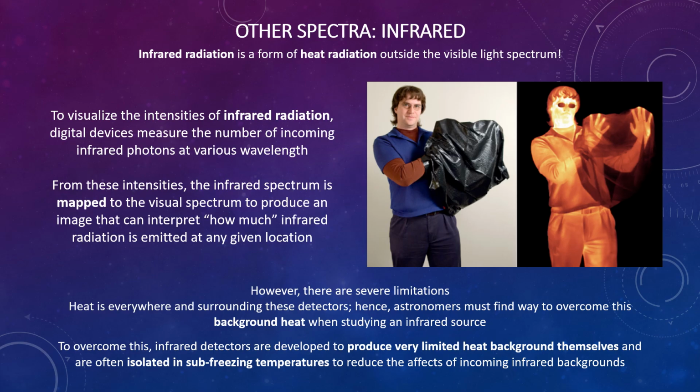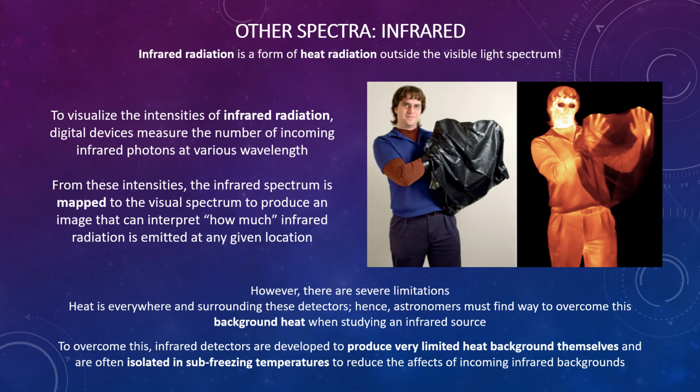There are some limitations for the infrared, though, because heat is everywhere and surrounding the detectors. So astronomers have to find ways to overcome background heat when they're looking at infrared sources. One way to do this is to develop infrared detectors that produce very little heat of their own, and also to put those detectors in isolated sub-freezing environments.